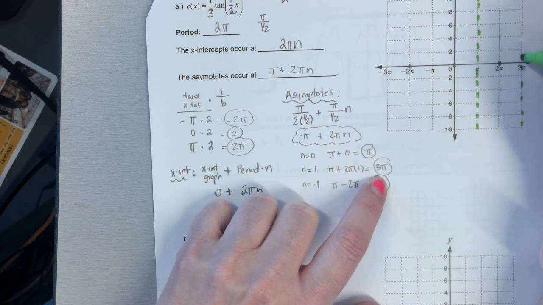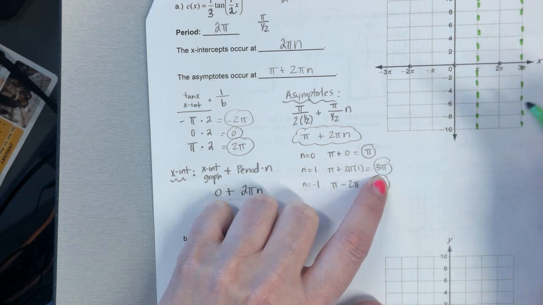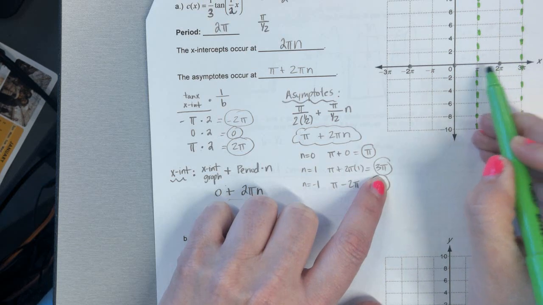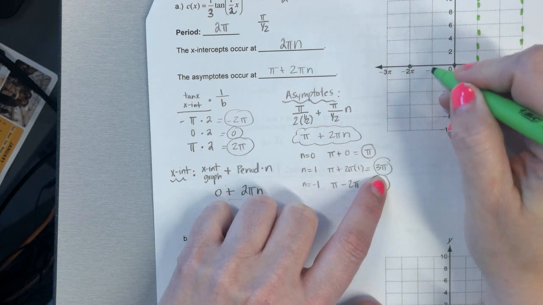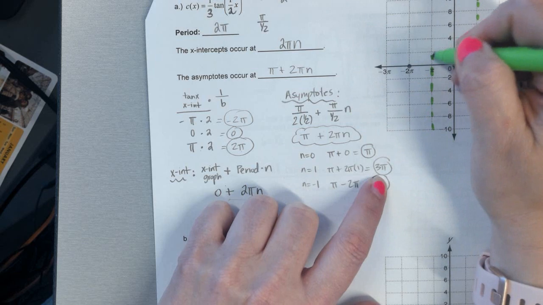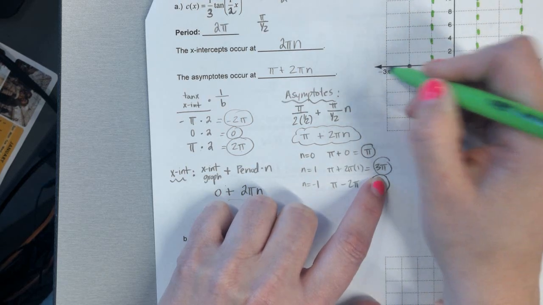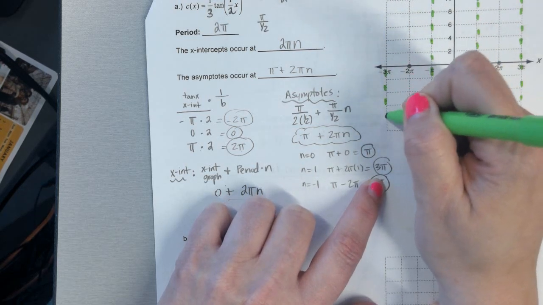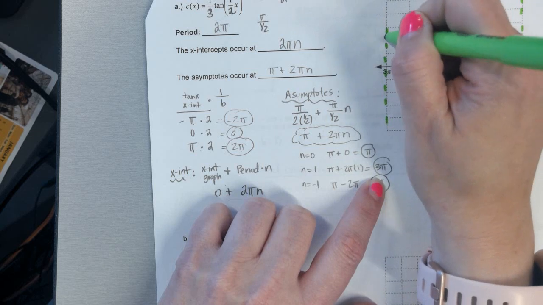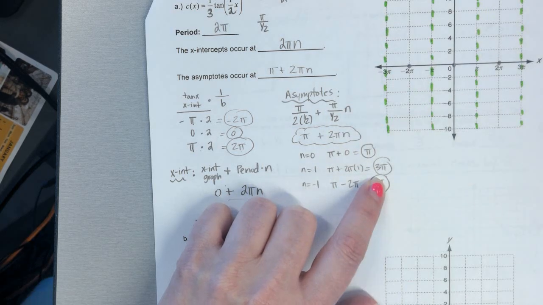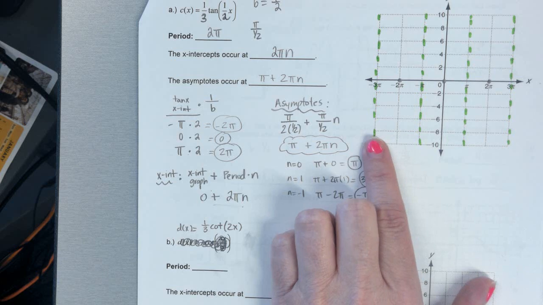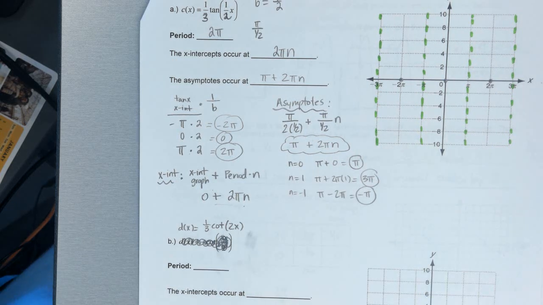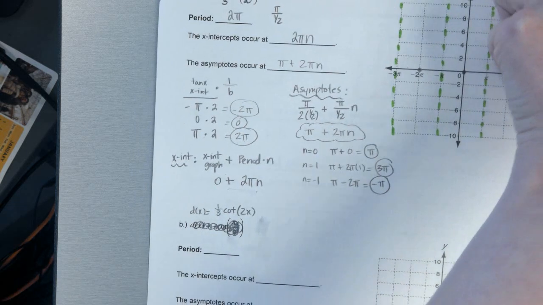And really, once you find two of them, you know what the spacing is. On my graph, this is 2 apart, so I'm just going to go 1, 2. Remember, they're periodic, so they repeat, so 1, 2. So you do need to have all 4 of these asymptotes on there. You are missing the ones that are at negative 3 pi and 3 pi. Go ahead and add them.